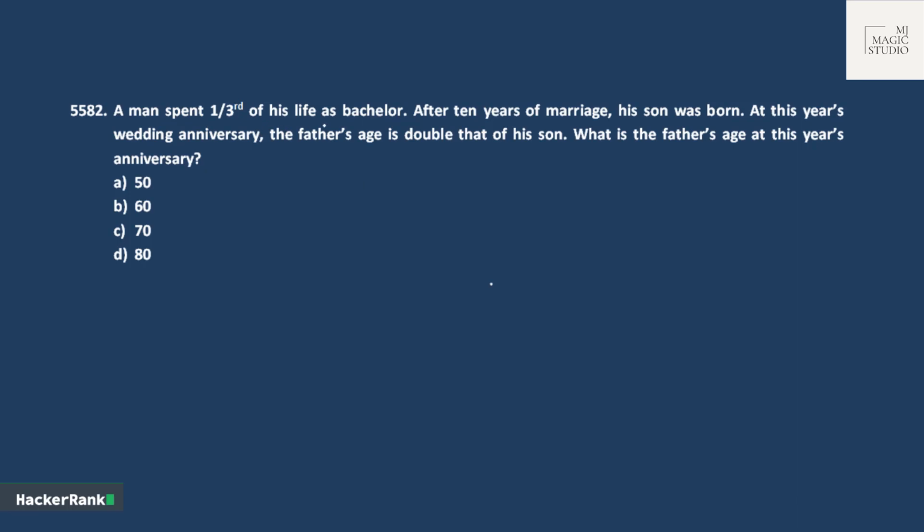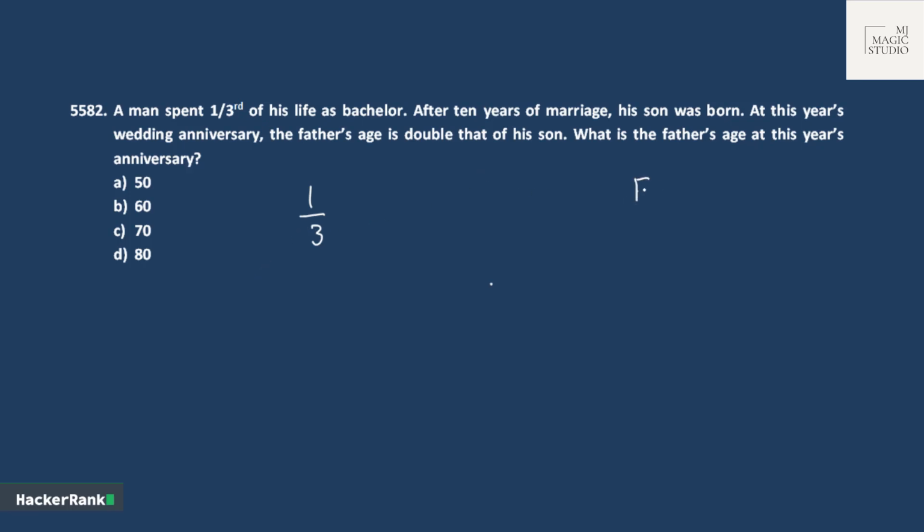A man spent 1/3 of his life as bachelor. After 10 years of marriage, his son was born. At this year's wedding anniversary, the father's age is double that of his son. What is father's age at this year's anniversary?